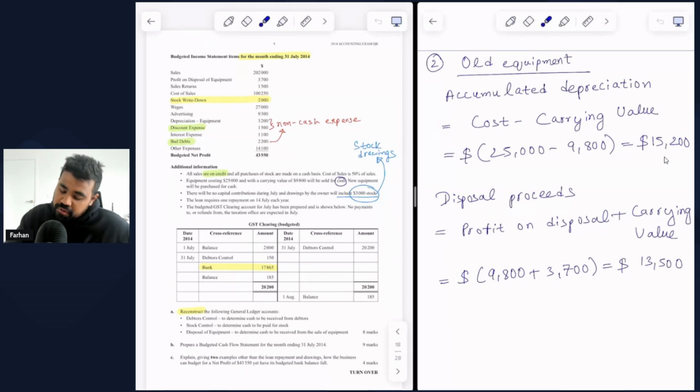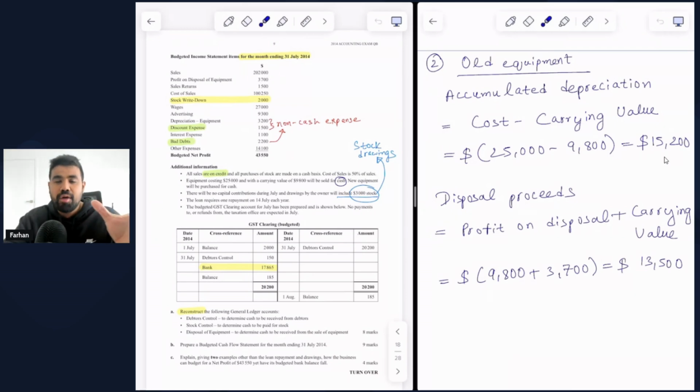So you see I've added the profit on disposal with the carrying value. Why is there a profit on disposal? Check the income statement and you will see $3,700 profit on disposal of equipment. What does this profit on disposal of equipment mean? It means that whatever our asset was worth just before disposal, which is $9,800, also known as the carrying value, we ended up selling it for $3,700 higher.